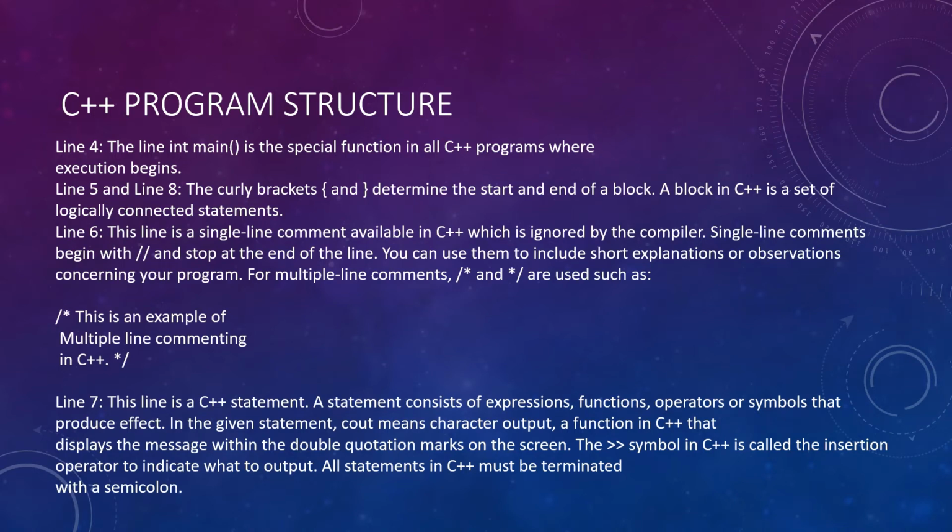In the given statement, cout means character output, a function in C++ that displays the message within the double quotation marks on the screen. The less than symbols in C++ are called the insertion operator, to indicate what to output. All statements in C++ must be terminated with a semicolon.